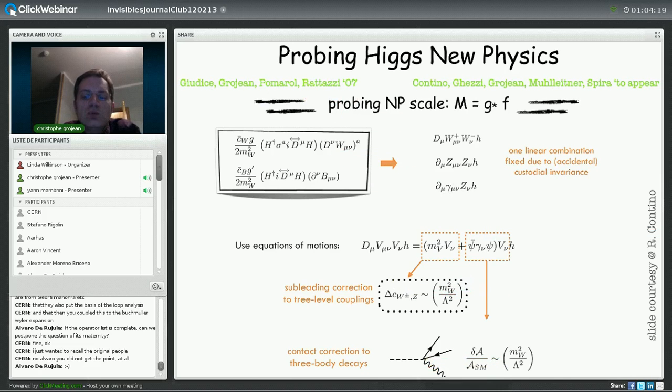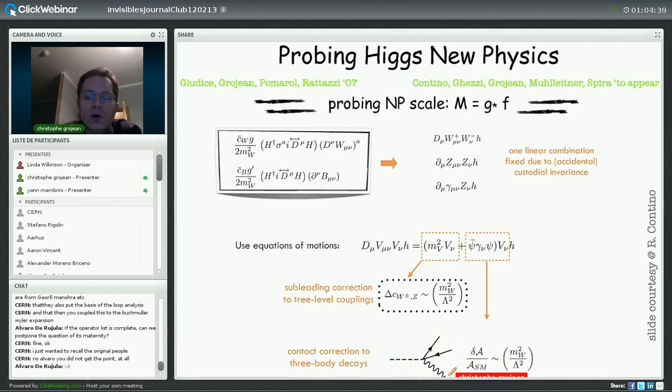There is also an interesting contribution to the off-shell decays into gauge bosons. So when the X decays into W star or Z star, you know that in the standard model, this is mediated basically by an off-shell W or off-shell Z.